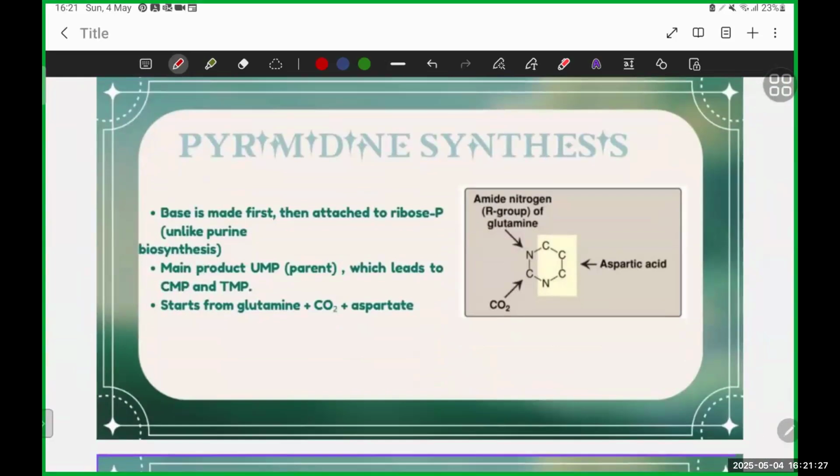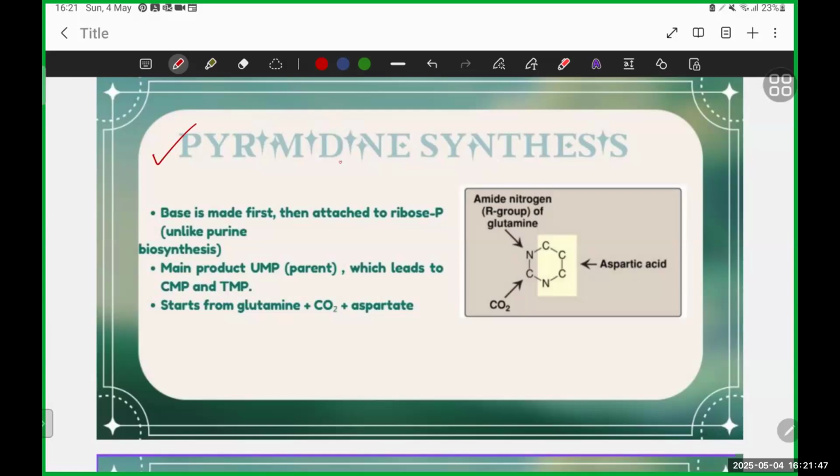That was purine. Okay, this is pyrimidine synthesis. In pyrimidine synthesis, the base is made first, then you attach the ribose.